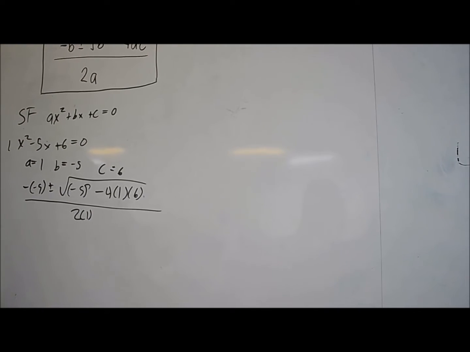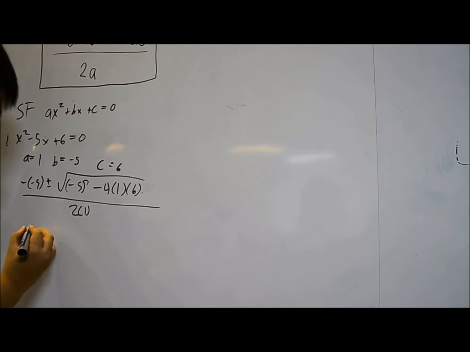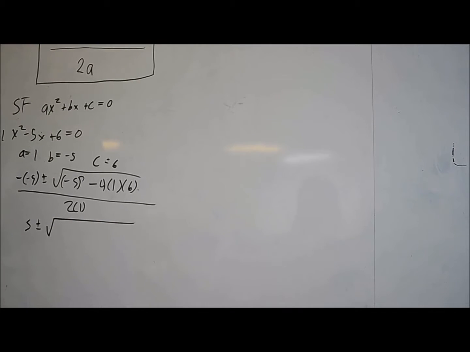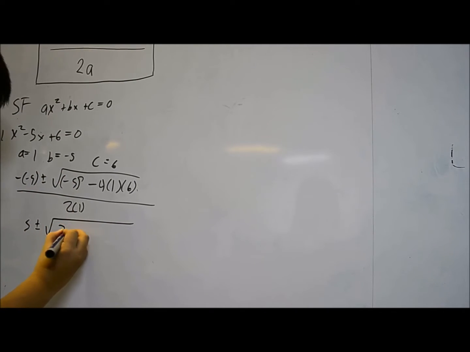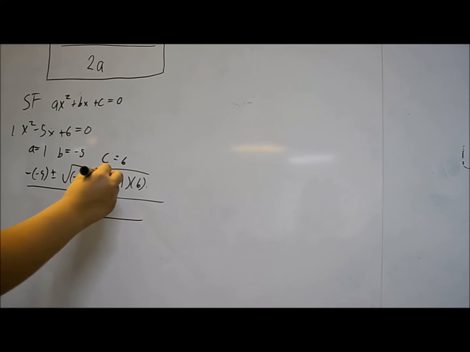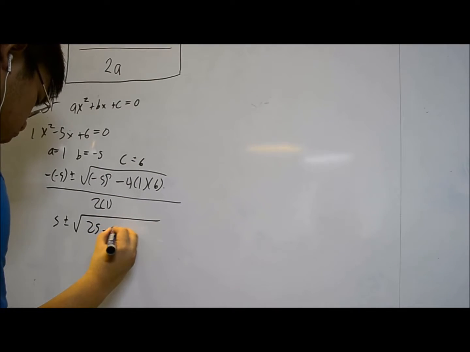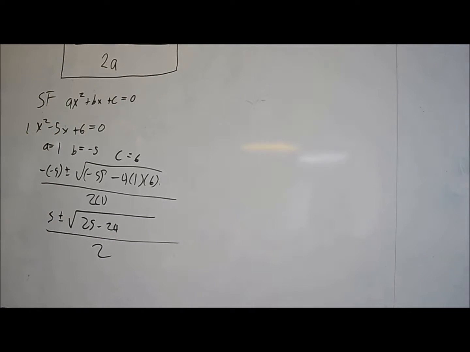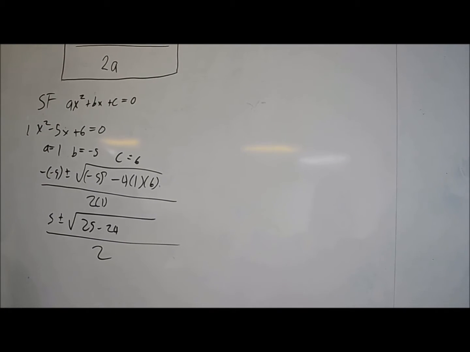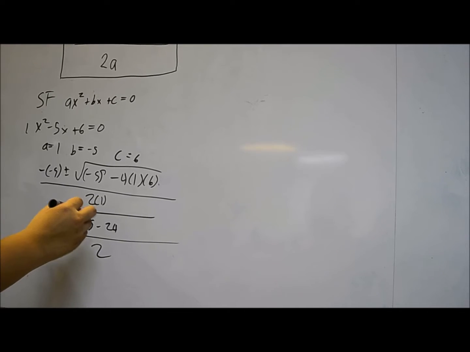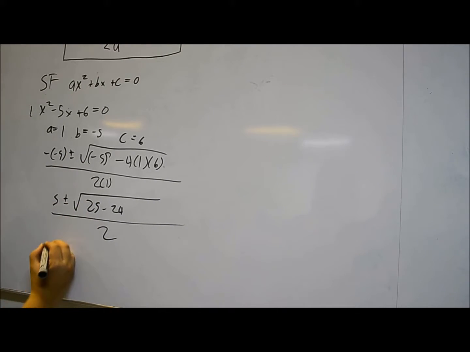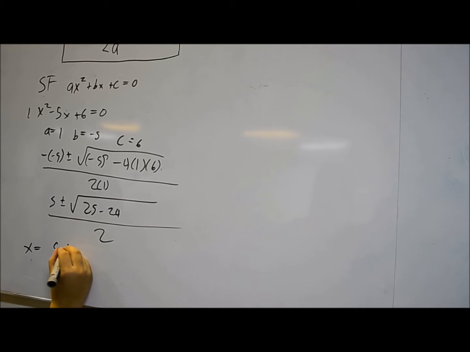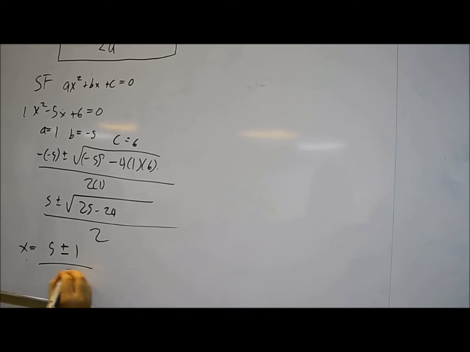Let's simplify our answer. Negative of negative 5 is positive 5 plus minus the square root of negative 5 squared, which is positive 25, minus 4 times 1 times 6, which is 24, divided by positive 2. Simplifying the radicand, we have the square root of 25 minus 24, which is 1. So we'll have x equals 5 plus minus 1 over 2.